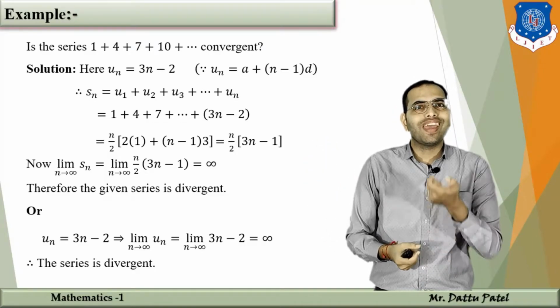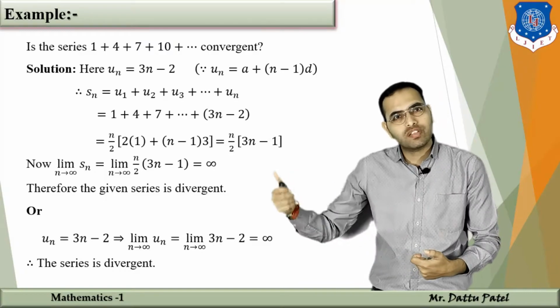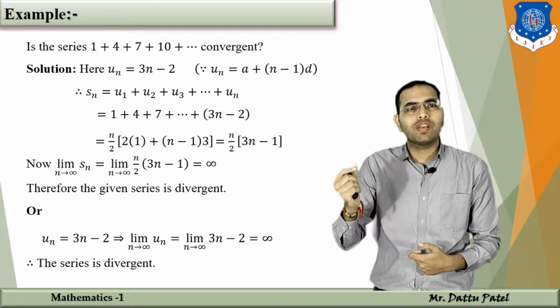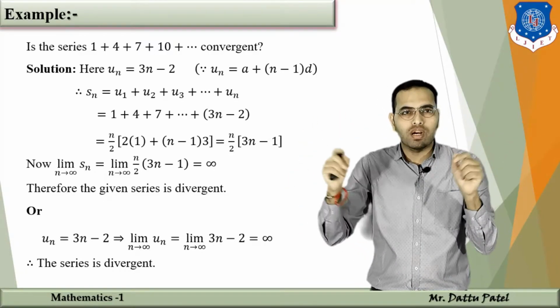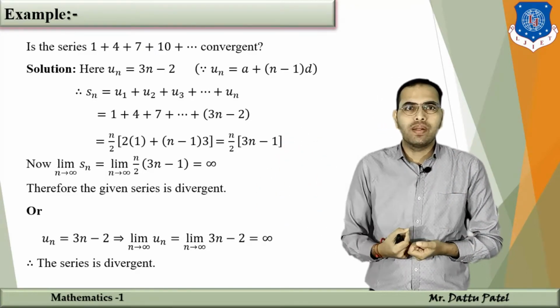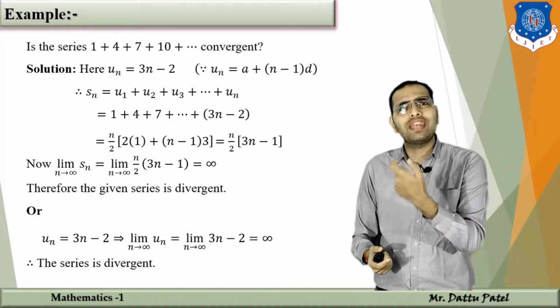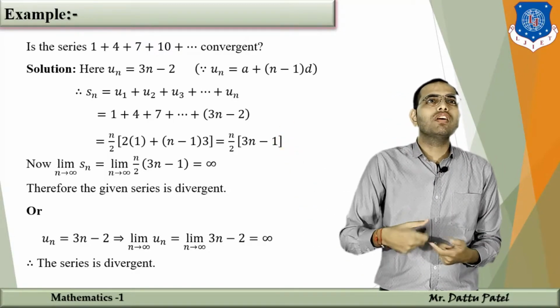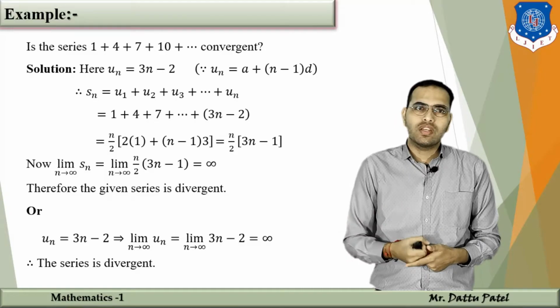Here a indicates the first term of the series which is 1, and d is the difference between two successive terms, means the difference between 4 and 1, that is 3. Now substituting the values of a and d in this equation, our un becomes 3n minus 2.